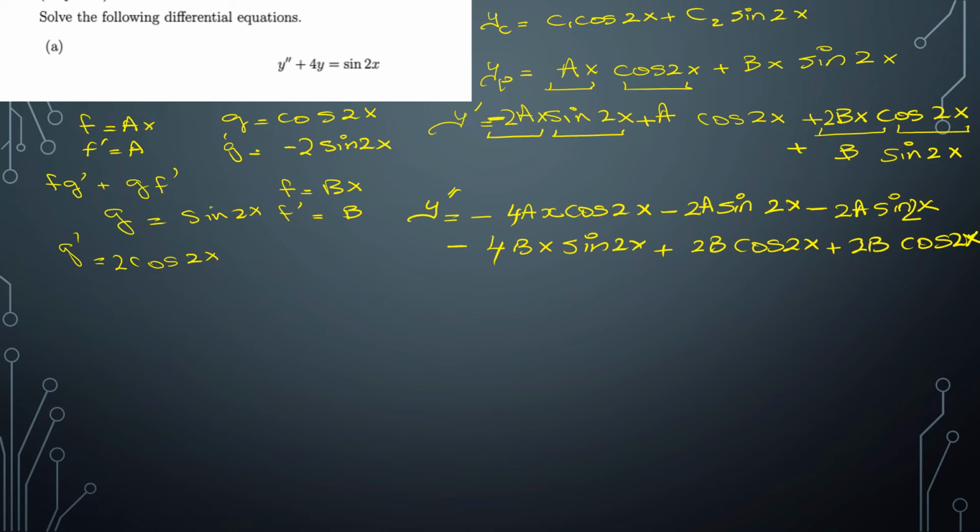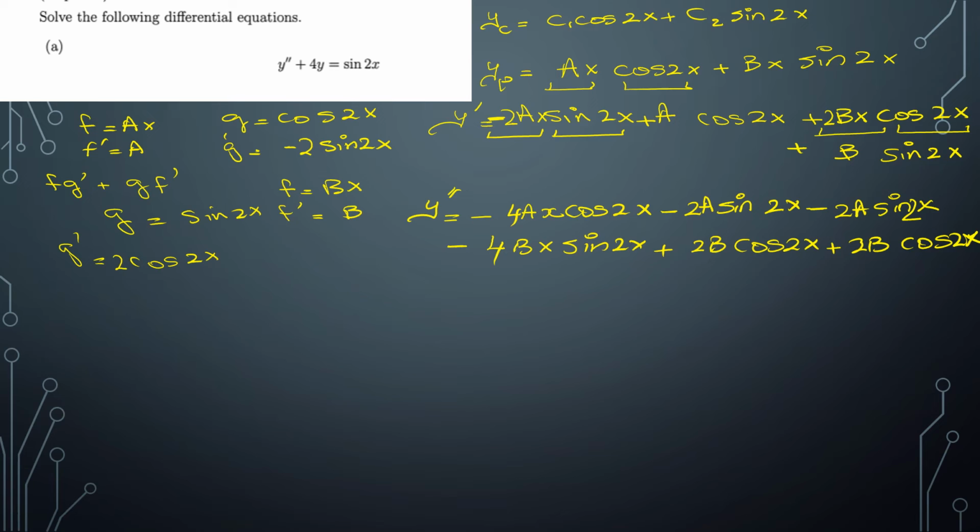Sine is cosine. Okay, so that's right. Plus g, and that is minus 2a. Then here I have negative 2a sine 2x, correct. Then I have minus 4b sine 2x and 2b cosine 2x plus 2b sine cosine 2x.